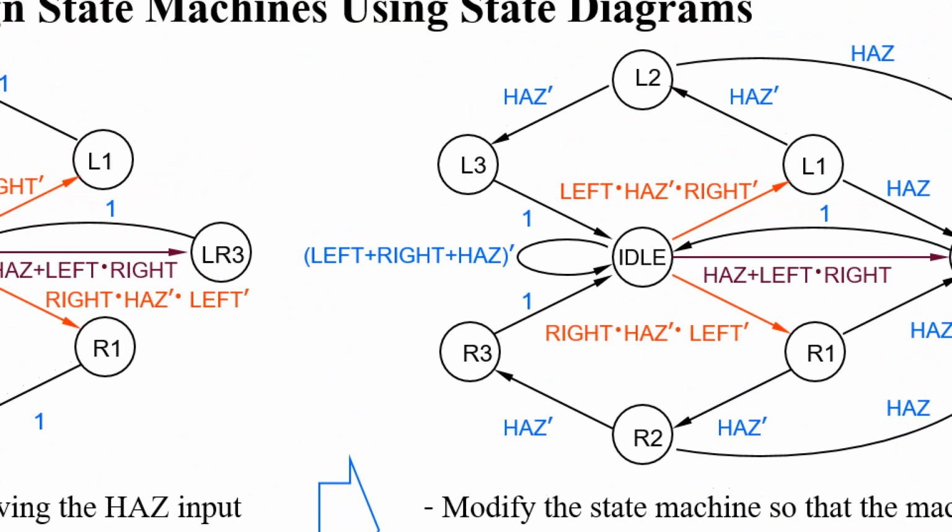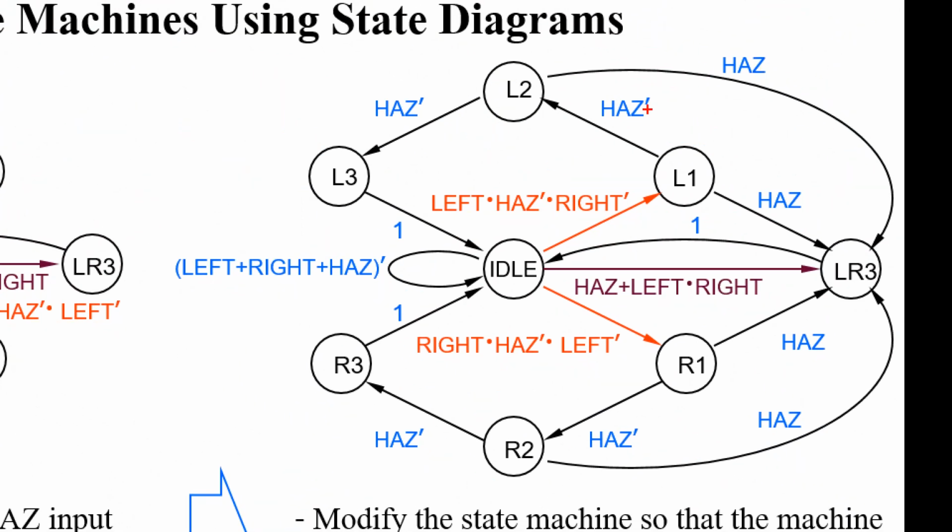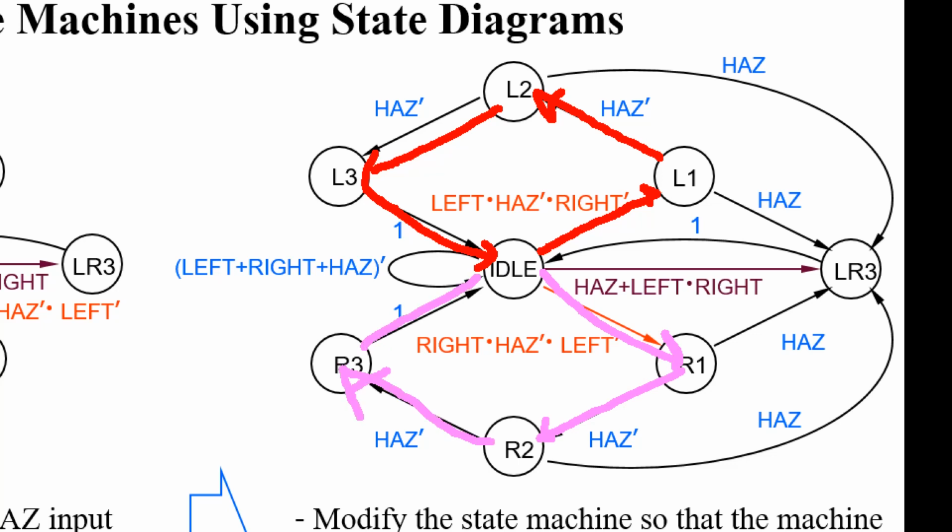And because of the behavior of state change, you can note that idle goes to L1, L1 to L2, L2 to L3, L3 to idle, something like this. Idle to R1, R1 to R2, R2 to R3, and idle. So you know that it changes idle, L1, L2, L3, right?